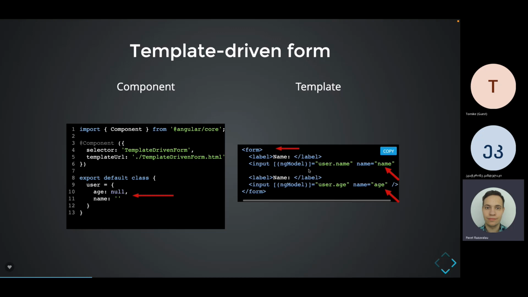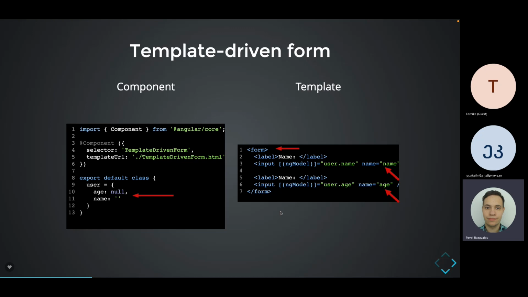So here in our inputs, we define the two-way binding to some property of the object. And the most important, we also need to define the name attribute, because otherwise it won't work. And actually Angular, if you try to compile your template without the name attribute, will highlight this as an error, because the name attribute should be present if we work with template-driven forms.